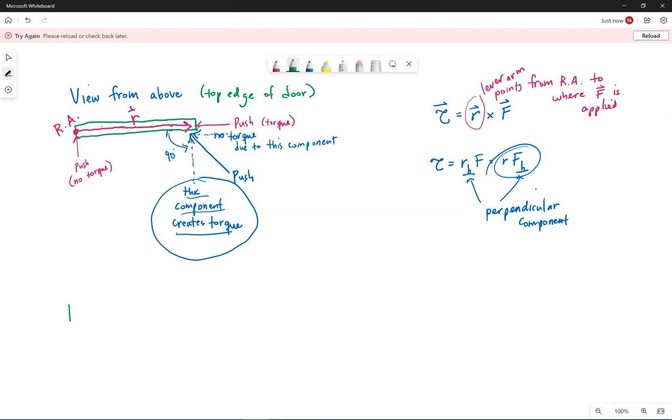We probably all know from experience that pushing perpendicular to the door near the end gives us the most effective torque, the biggest torque. It's easiest to open the door by pushing at that end. And again, that's because we've maximized R, the lever arm, and we are pushing perpendicular to the door. So the torque in this case would just be the width of the door times that push, P.